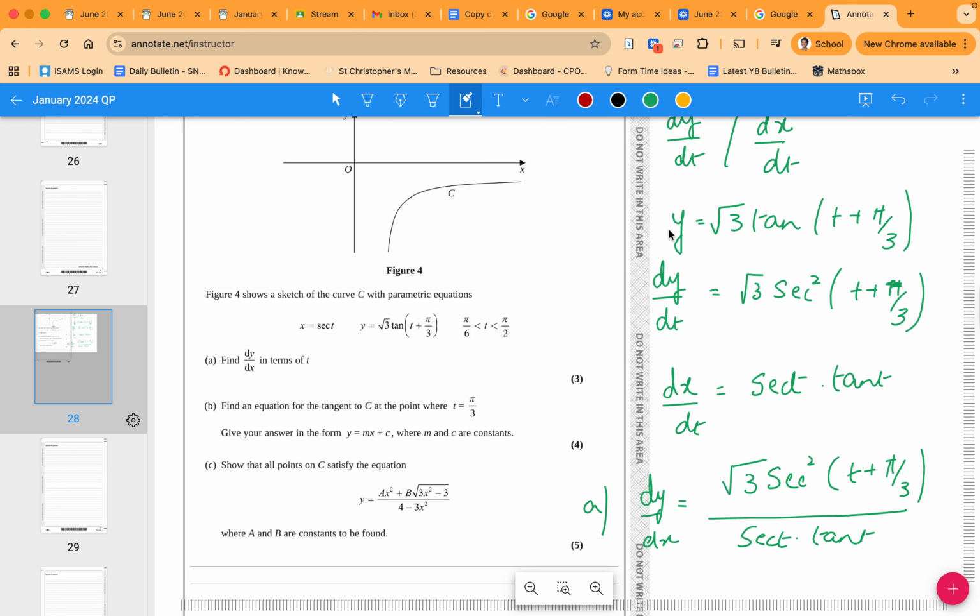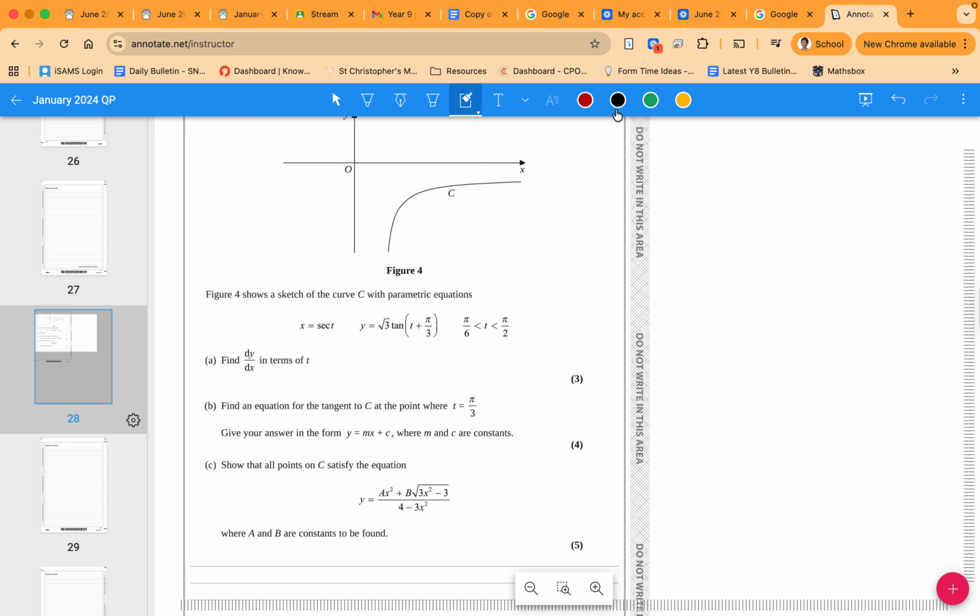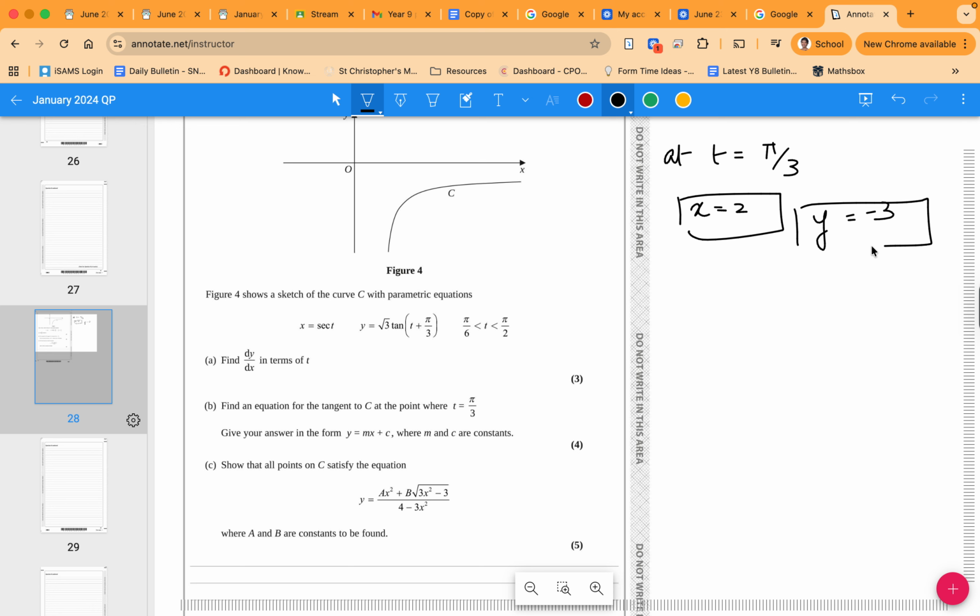So at t equals pi over 3, your x would come out to be 2 and your y would come out to be negative 3. So we know this point, and we are looking at the equation of the tangent at this point.